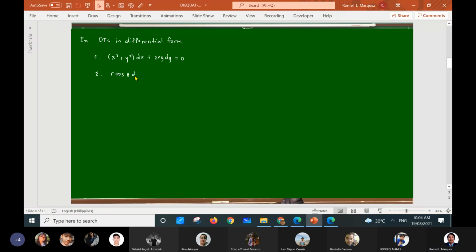Okay, number 2, we have r cosine theta dr minus r squared plus 1 quantity d theta is equal to 0. So the differentials involved here are dr and d theta. Possible, r is our dependent. Possible also that theta is dependent.